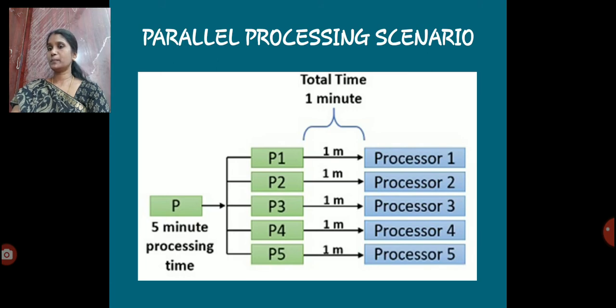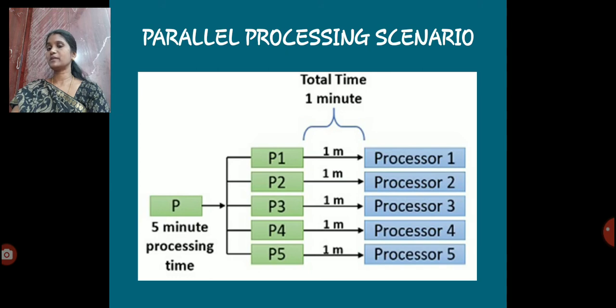Every subtask from P1 to P5 will be allocated to different processors. So here they are, processor 1 till processor 5. When all the processors run the different subtasks P1 to P5 allotted to them, it will take only 1/5 of the time.